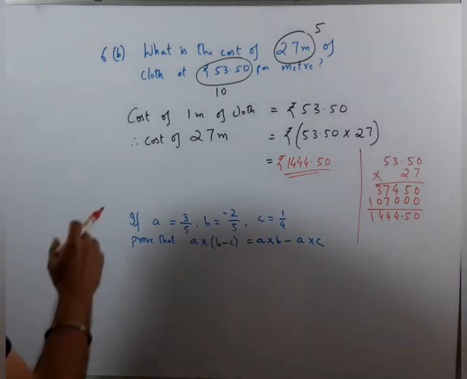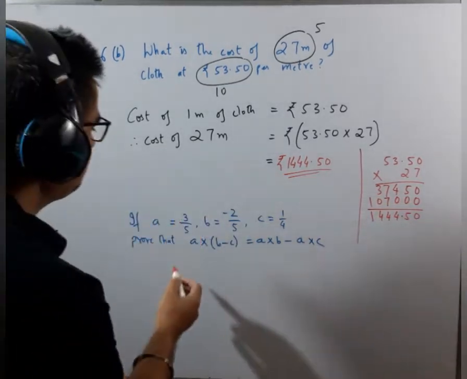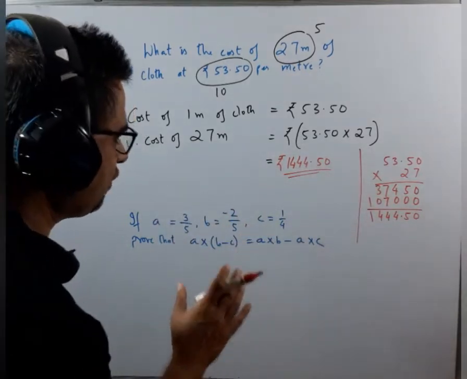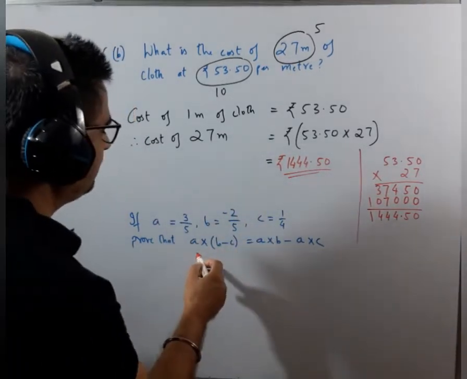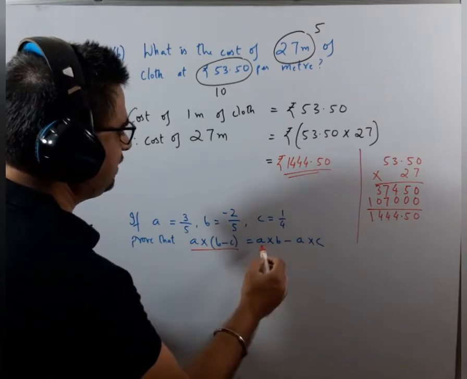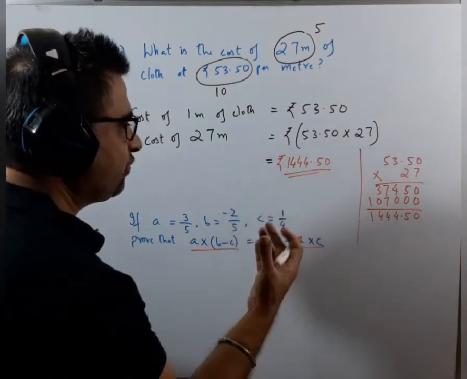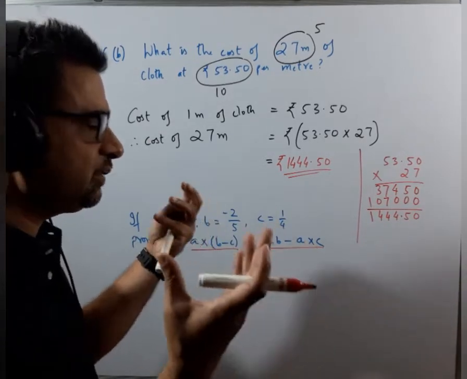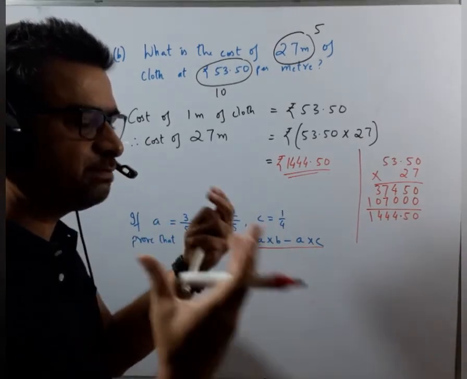The next question: if a is equal to 3 by 5, and you have some values for b and c. Whenever you have questions of this type where you have to prove that something on this side is equal to something on that side, you've got to take both of these, equate and solve, and just prove that they are equal.